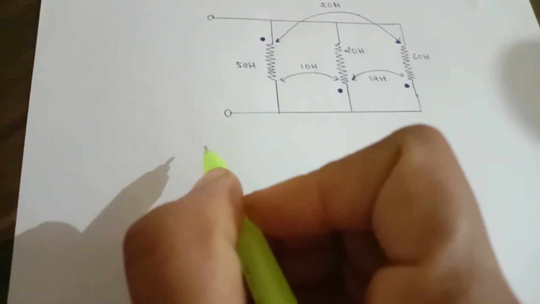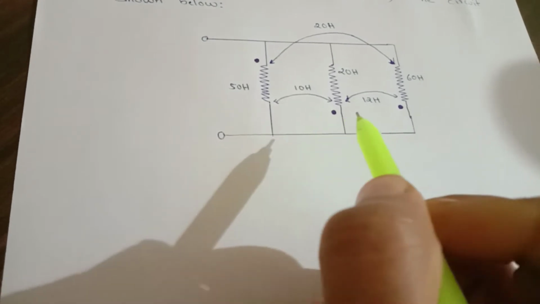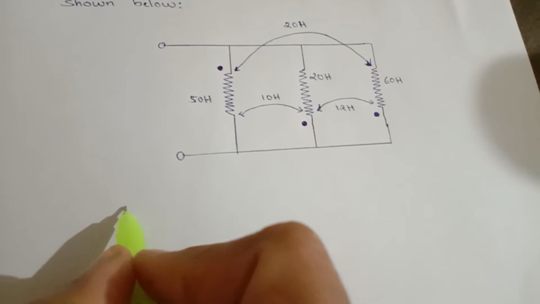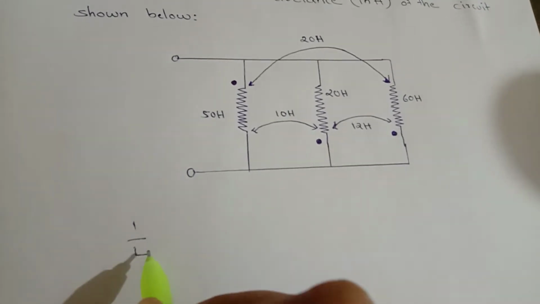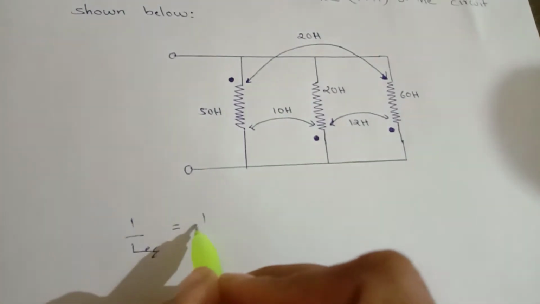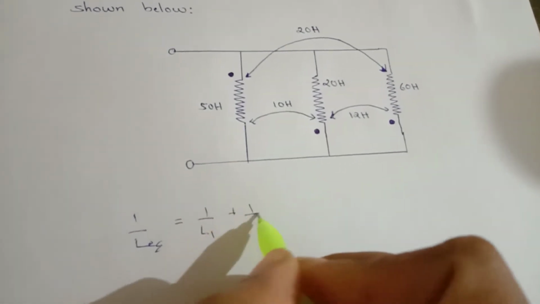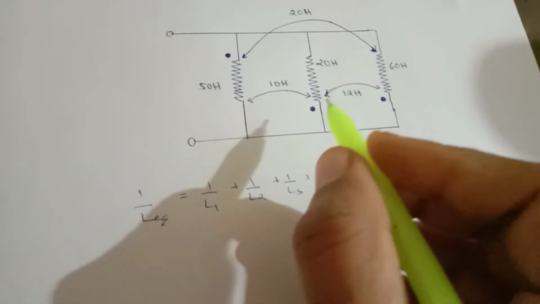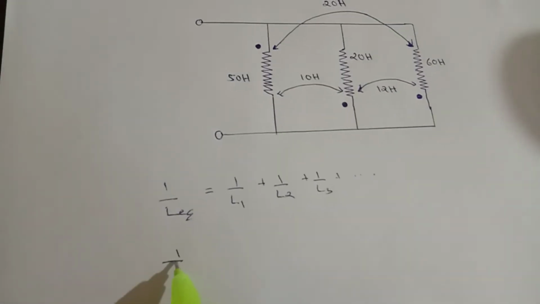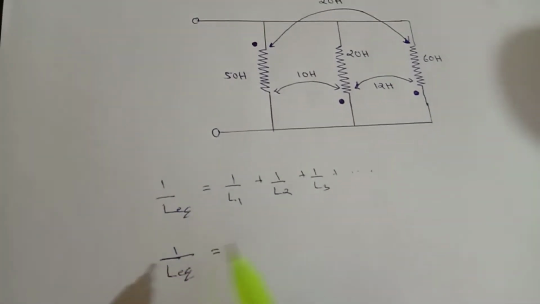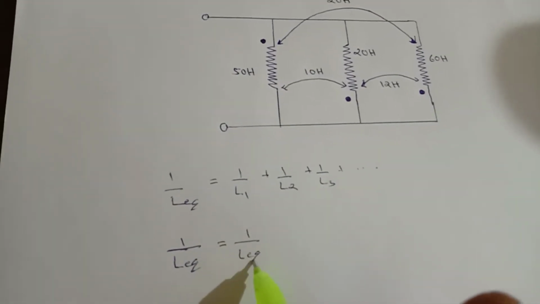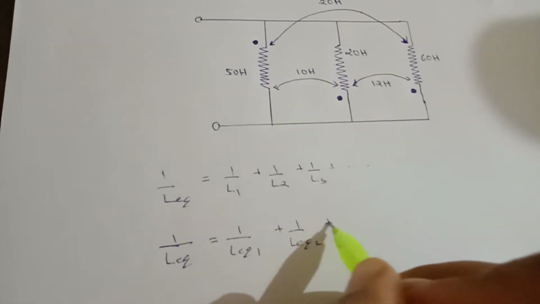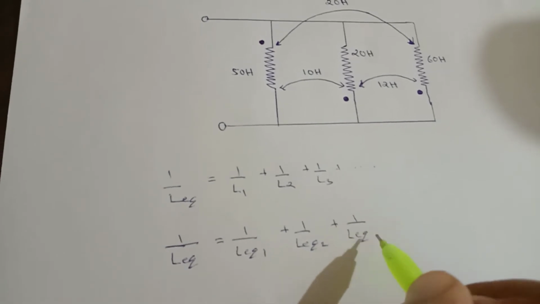So when inductors are connected in parallel, the total inductance is given by 1 by L equivalent is equal to 1 by L1 plus 1 by L2 plus 1 by L3 plus etc. So in this case we will have to write 1 by L equivalent is equal to 1 by L equivalent 1 plus 1 by L equivalent 2 plus 1 by L equivalent 3.